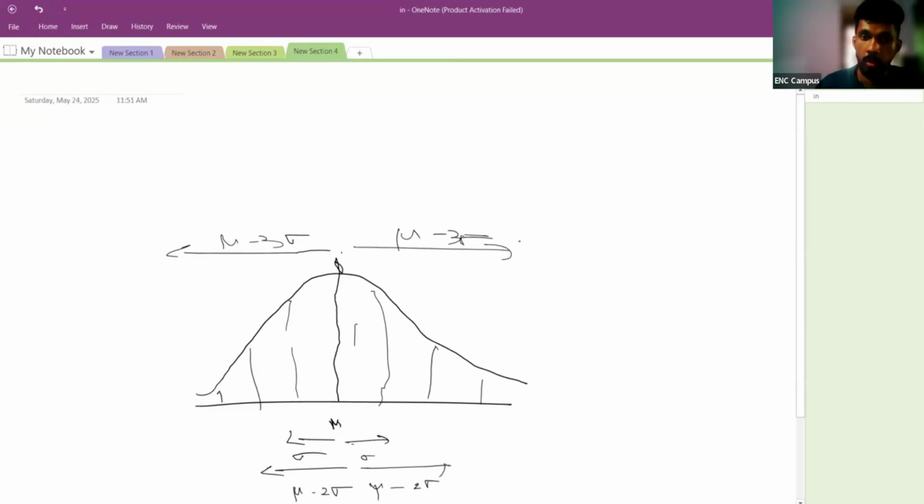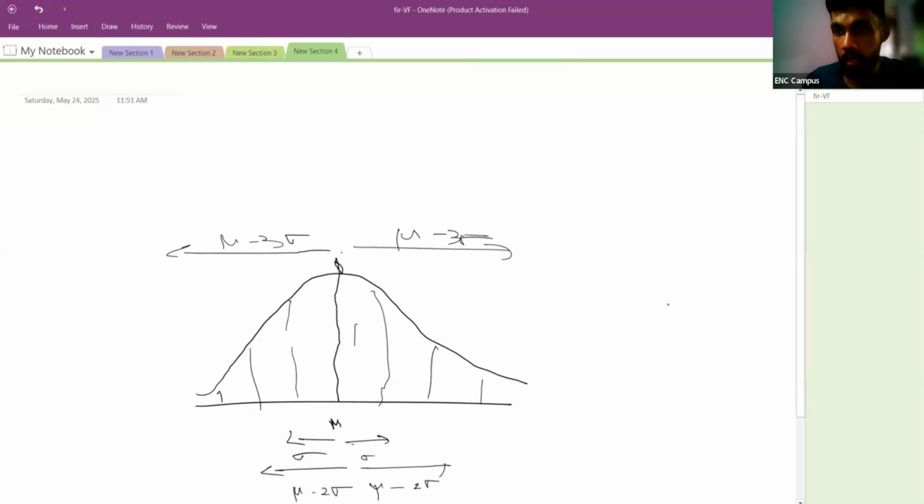So in a normal distribution, we have this empirical formula which ensures that 68% of data falls within the first standard deviation from the mean, 95% within the second, and 99% within the third deviation from the mean, right? That we call the empirical formula.